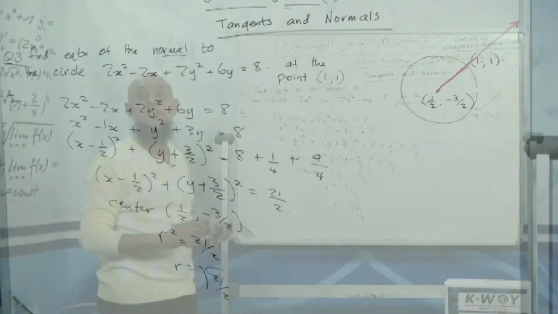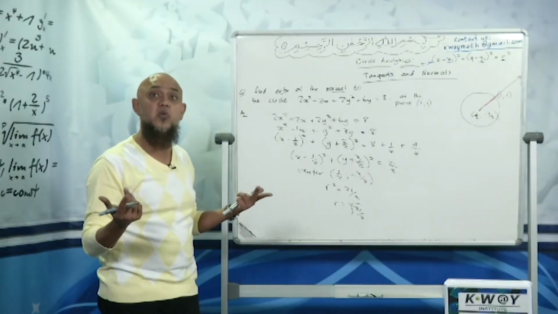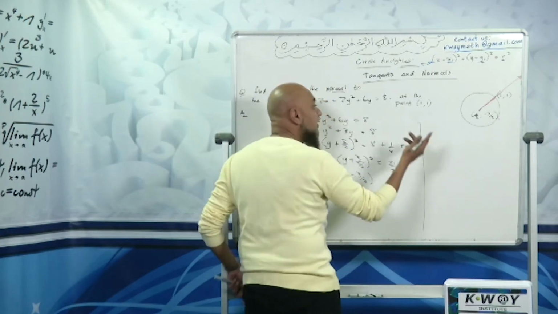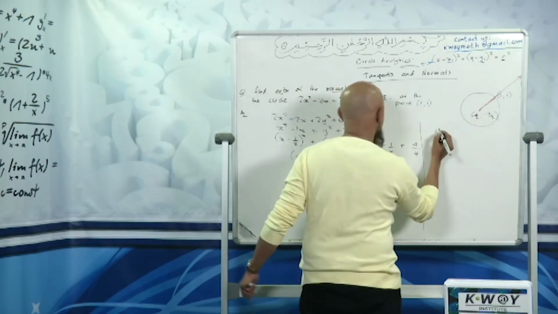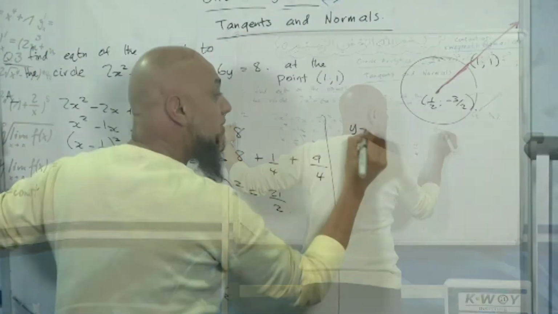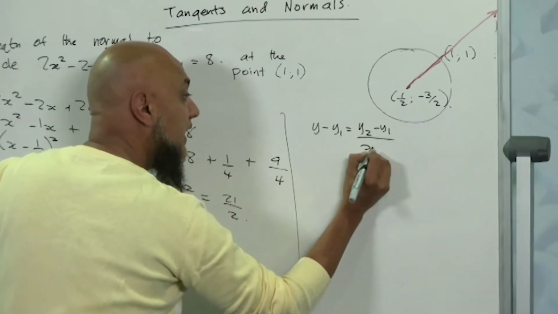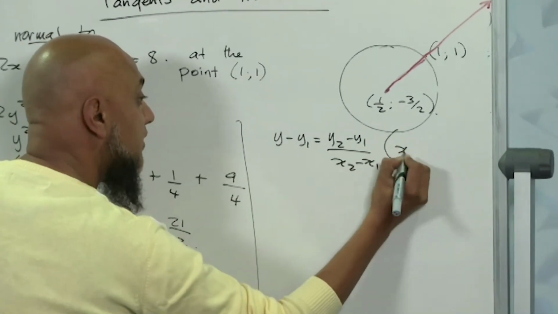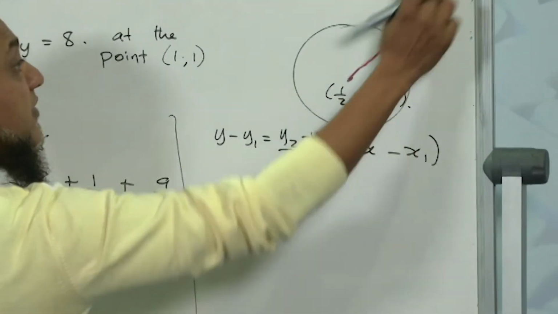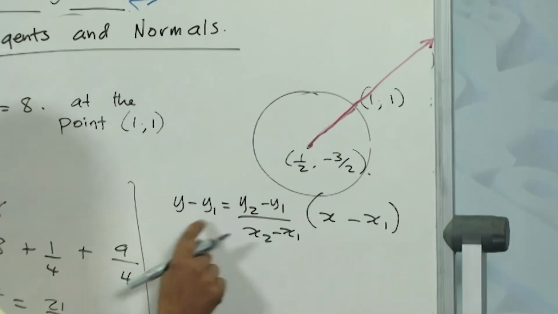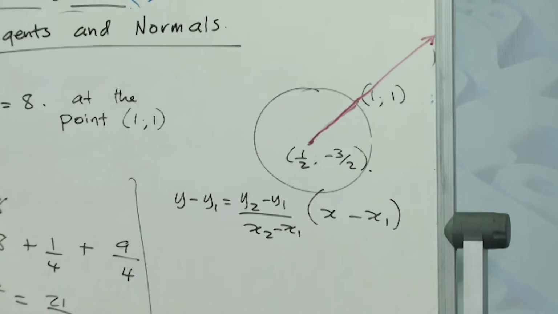Now to find the equation of a normal, we need our equation y minus y1. In fact, what we can do now immediately is go into that formula: y minus y1 is equal to y2 minus y1 over x2 minus x1 into x minus x1. Because we are finding the equation, we've got two pairs of coordinates, we're finding the equation of that straight line, y equals mx plus c.